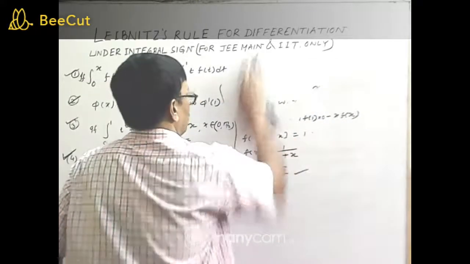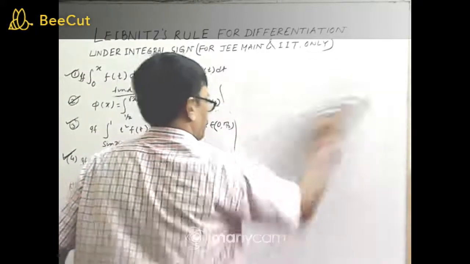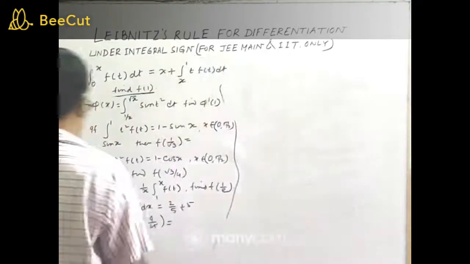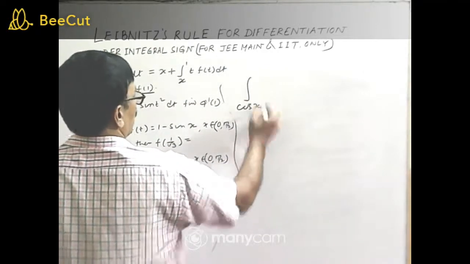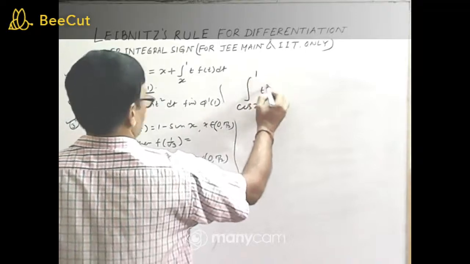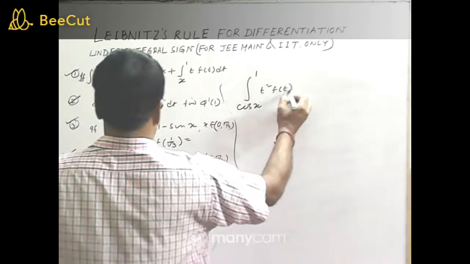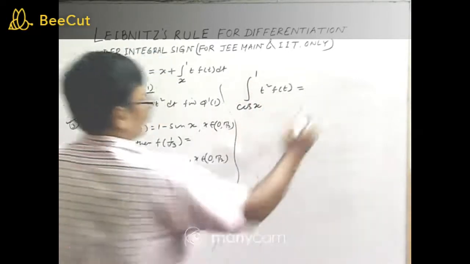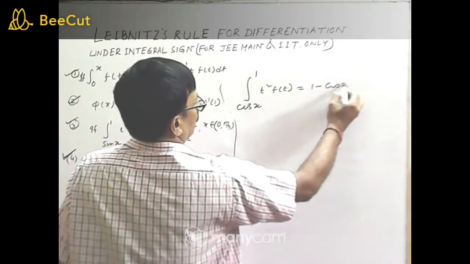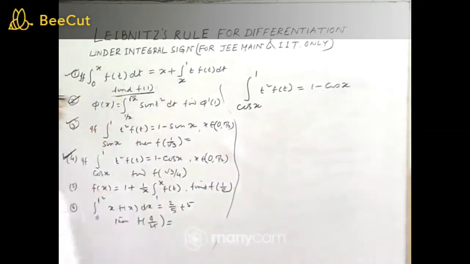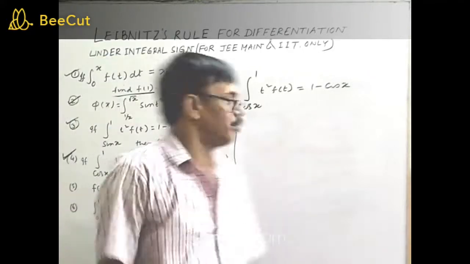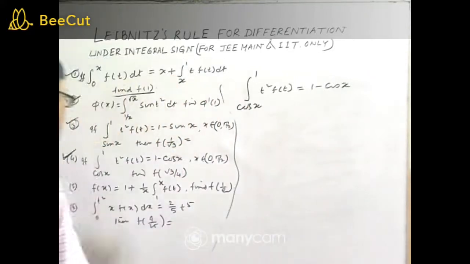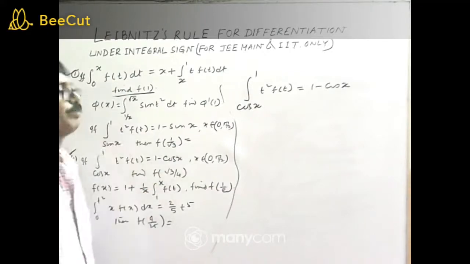So problem number 4: the integral from cos x to 1 of t squared f(t) dt equals 1 minus cos x, where x belongs to 0 to pi by 2. Find f of root 3 by 4.